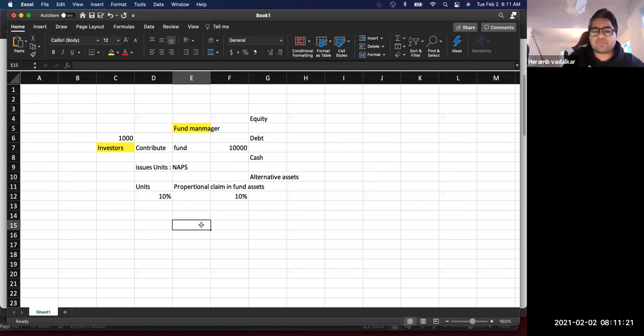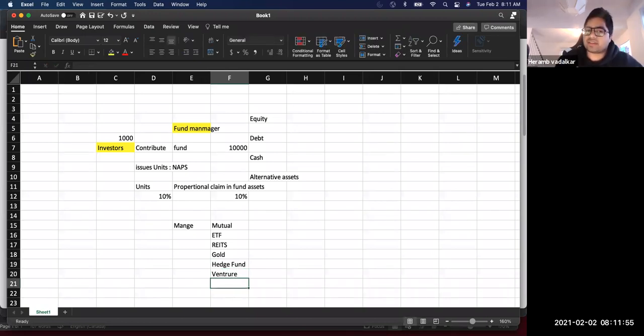Now there are many different types of managed products. They can be mutual funds, which we are going to discuss, or ETFs, exchange traded funds. They can be REITs, a special type of fund that invests in real estate, or a gold fund that invests in gold. They can be a hedge fund or a venture fund.